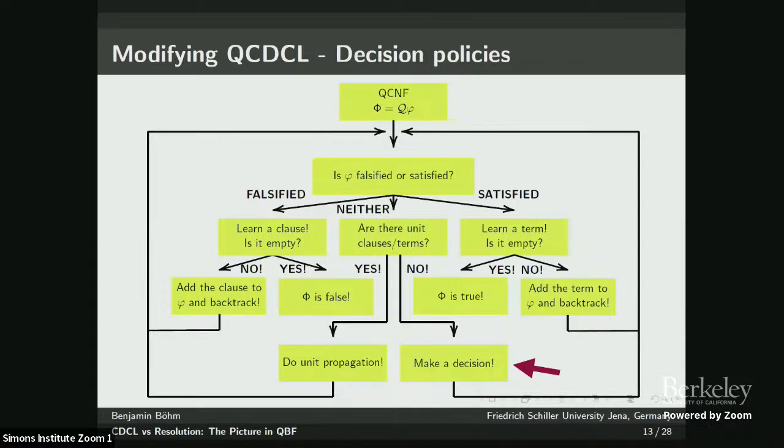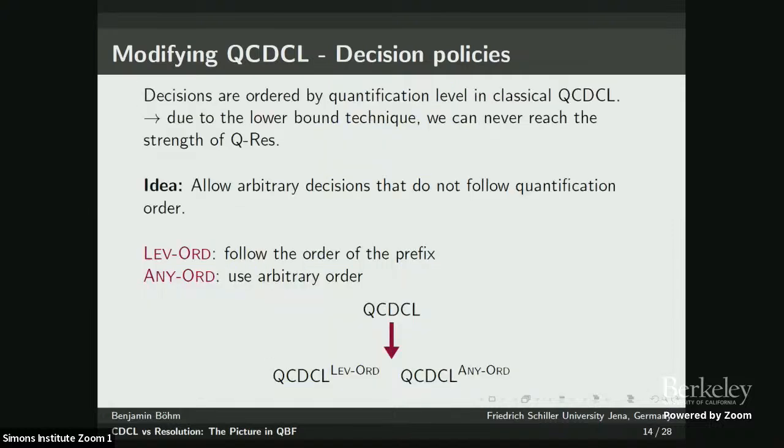Now, this happens here, of course. This is the only point where we make decisions, right after not finding any unit clauses. We have to make a decision. And like I said, in the classical setting, we have to follow the quantification order. However, this is not good because of our lower bound technique.